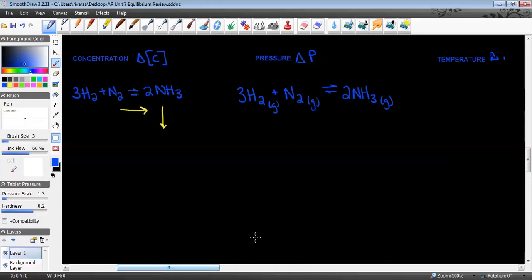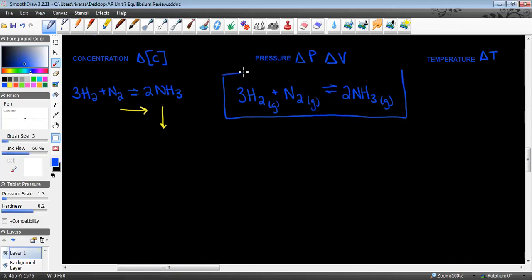The way that we often get changes in pressure is by changing the volume of the container. Remember, all of this is happening inside the same reaction vessel. Oftentimes we think about the reactants and products being separated from one another because of those arrows in our reaction, but they're not. They're all in the same container.